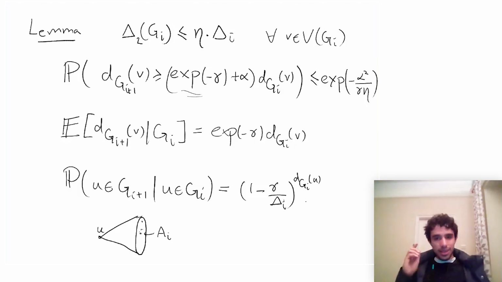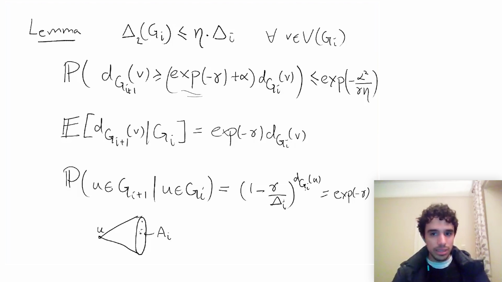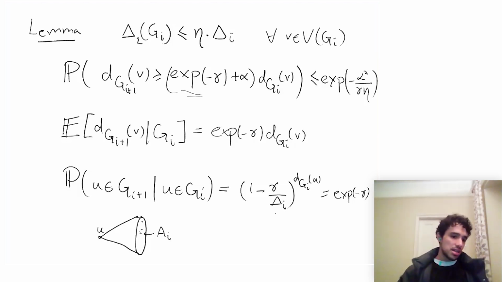Here there's something tricky, because I want to say this probability is going to be exponential of minus gamma, but in principle there is no reason why the degree of u in G_i should be equal to the max degree. It could be smaller. So we use a trick: if you add edges to your graph, you can only decrease the size of the independent set.